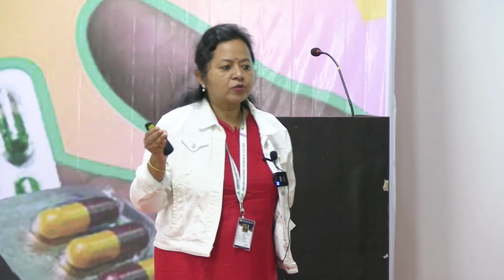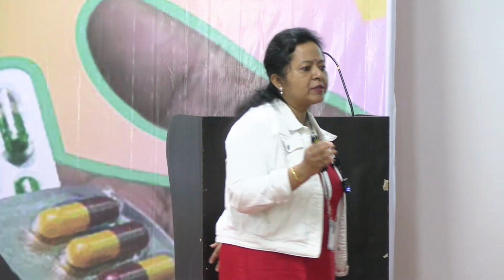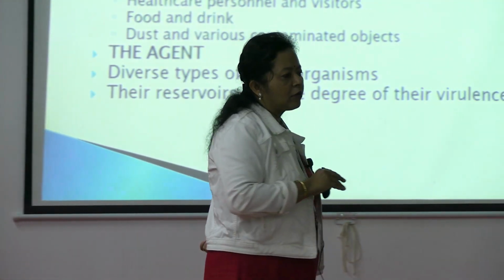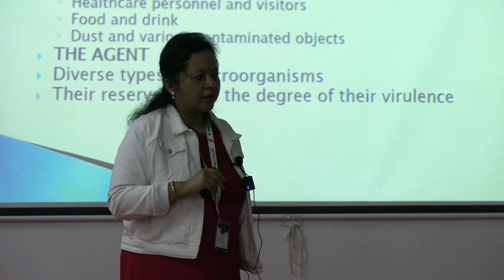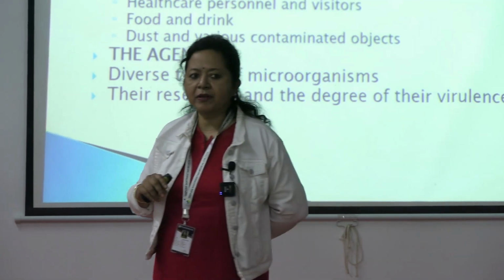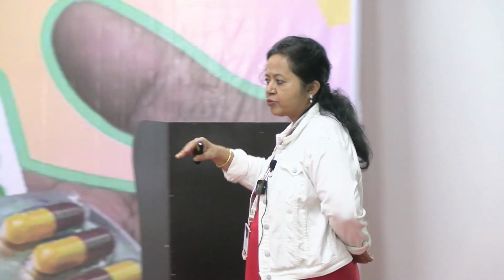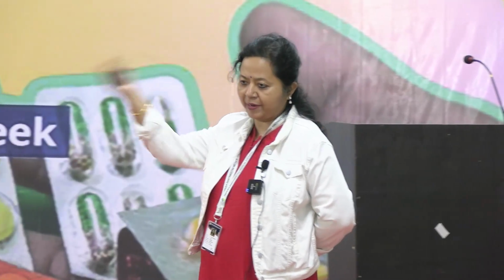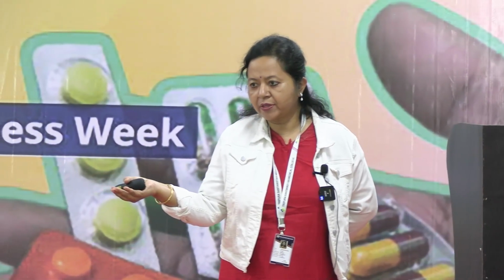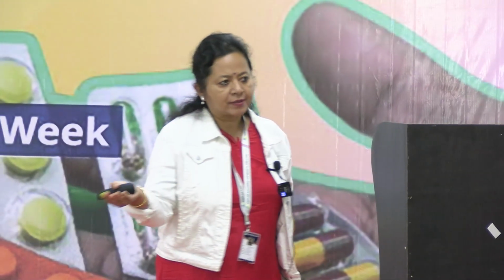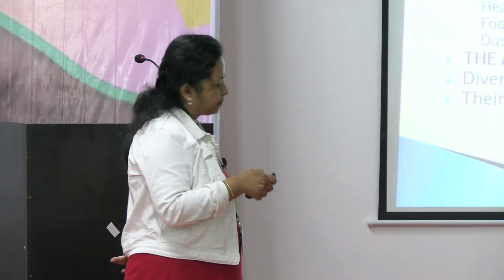These two extremes, their immune system is not capable of combating all the microorganisms. For a neonate, till 6 months, the IgM is not at a level that can combat pathogens. And for extreme ages, the immunity comes down. So these two extremes are very vulnerable to hospital acquired infections.